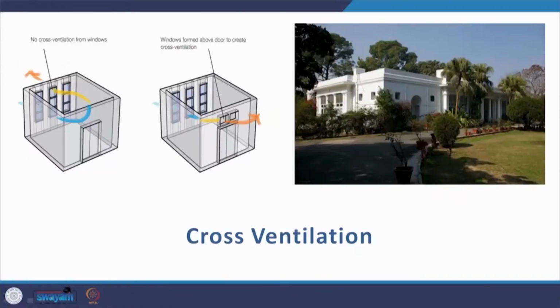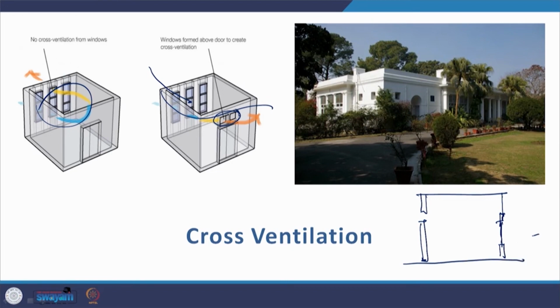So just to talk about cross ventilation, if there is no cross ventilation, this is what happens, the room heats up. What they did was a very simple idea. From the window, air is pulled in, and there are ventilators provided above the door, for example, and the air pushes out. Now what happens in a cross section? If you have a window, a ventilator here, and a window here, the wind comes in and goes like this, right?